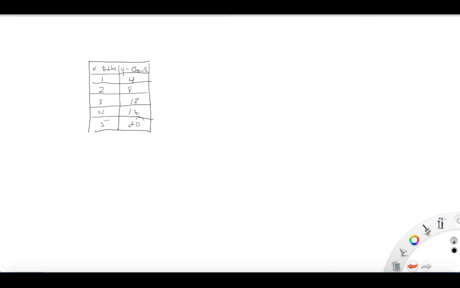Okay, let's think about why this one is 20. What's the correlation, the function between x tables and y chairs? Well, if we have one table, here's our table, we have 4 chairs, probably to go around it symmetrically, but it's pretty easy to see.